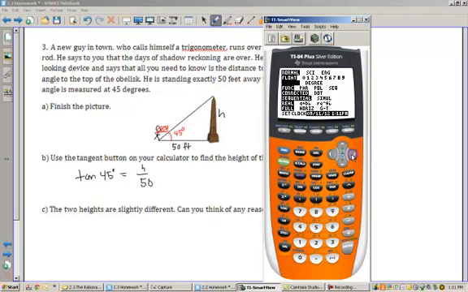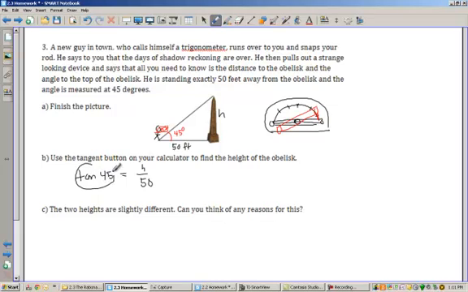We want to make sure that we're on degrees, so hit enter on degrees. Now I'm in degree mode, so I'll take the tan of 45 and hit enter, and I get 1. So I can replace this with a 1, because tan of 45 is 1. And of course it's equal to H over 50. I can solve this for H: to move the 50 over, I multiply. So H is equal to 50 feet.